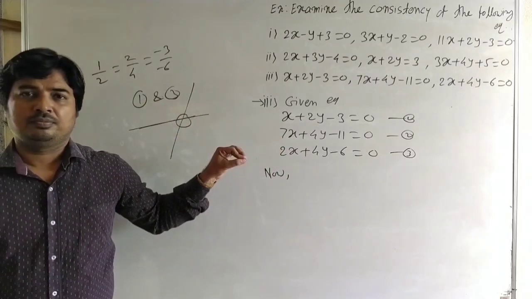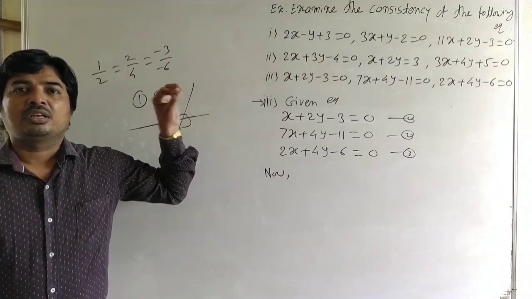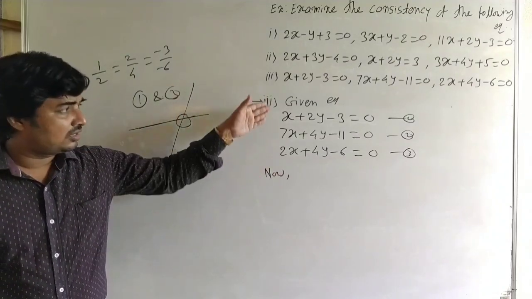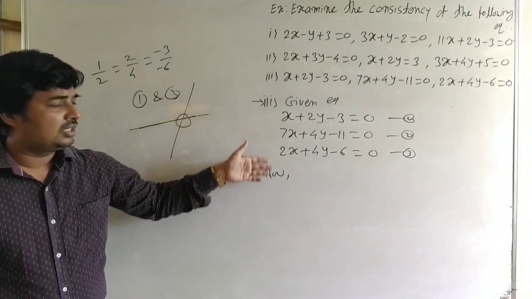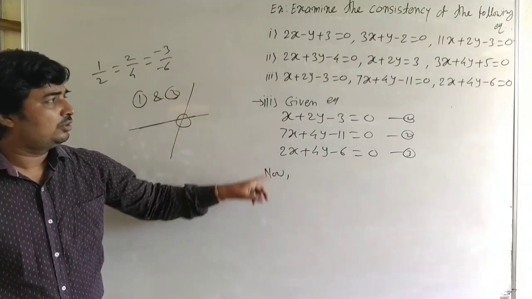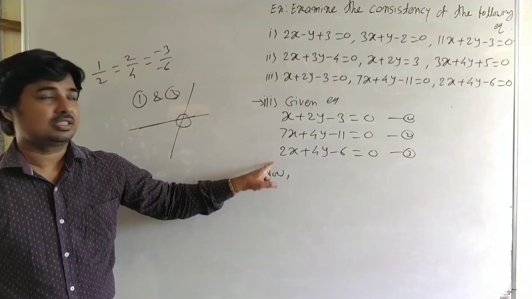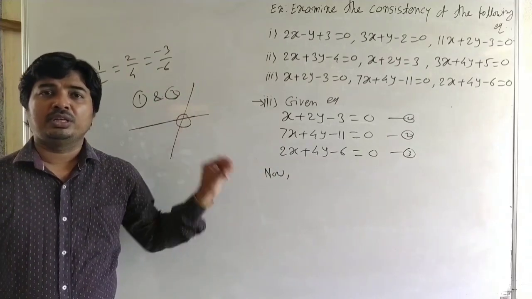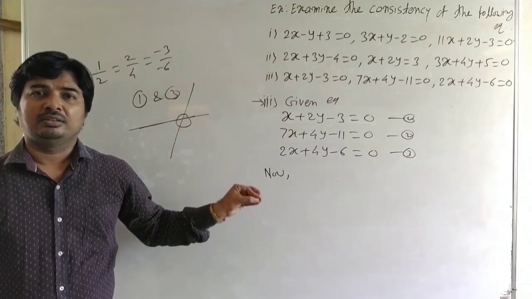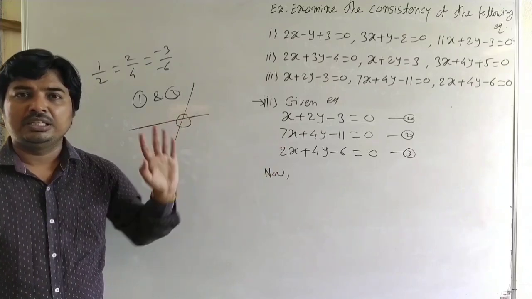That means they are consistent lines. Now we check if the determinant is 0. Here the determinant is always 0 because these two lines coincide. That means two rows of the determinant are equal, then the value of the determinant is 0.